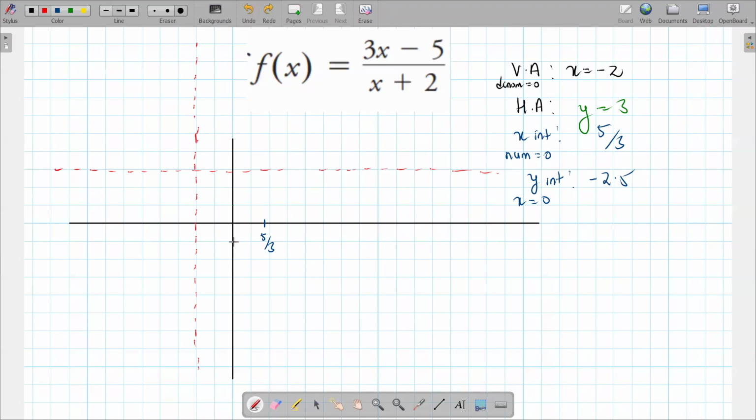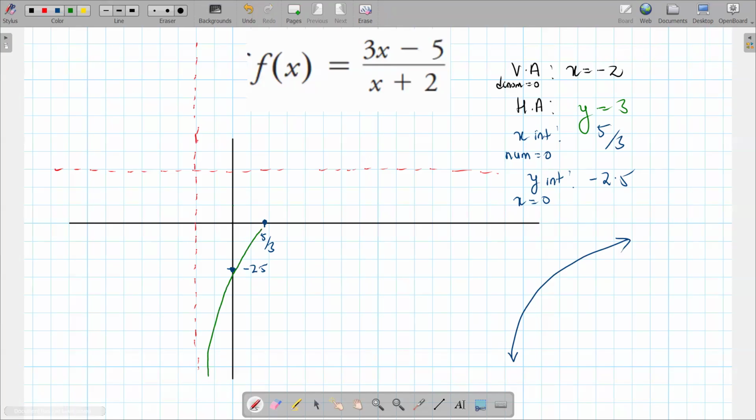So -2.5 would be down there. And do you see the pattern? How this could possibly look? Looking at this point and this point, there's only one way this is going to work, and it's this. Do you agree? There's nothing else that's going to work here.